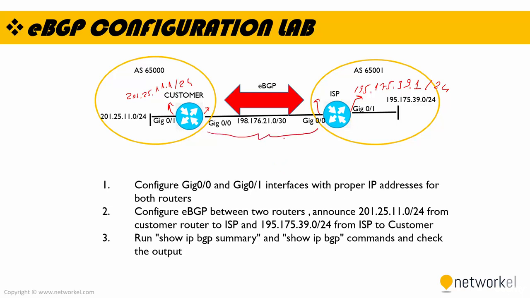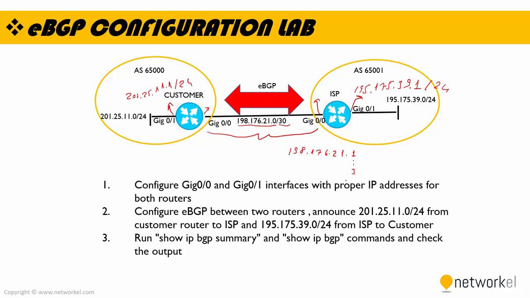Here our network ID is this, and our subnet mask is /30. In a /30, I can use the IP addresses between 1, 2, 3.